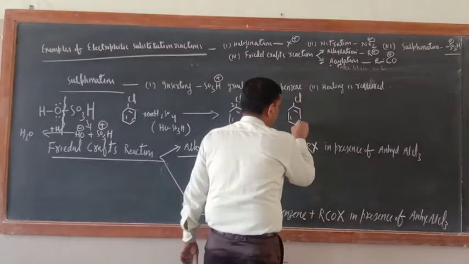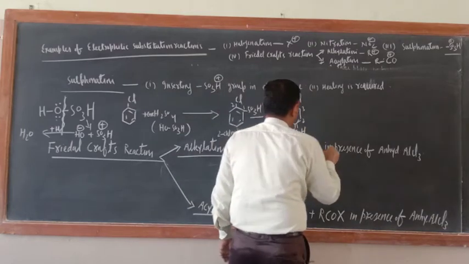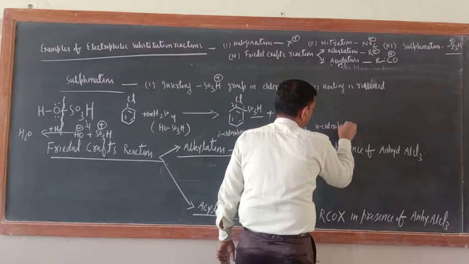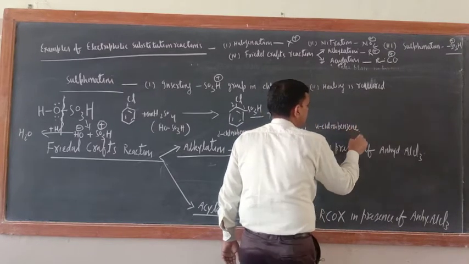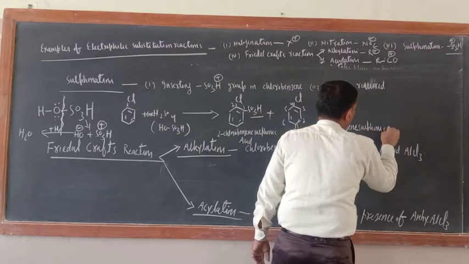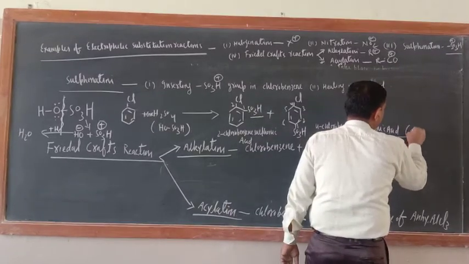And here 1 2 3 4 5 6, what is the name of this one? 4-chlorobenzene sulfonic acid. This is the major product.